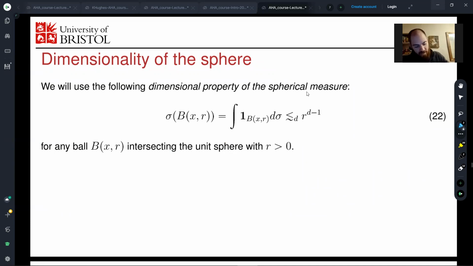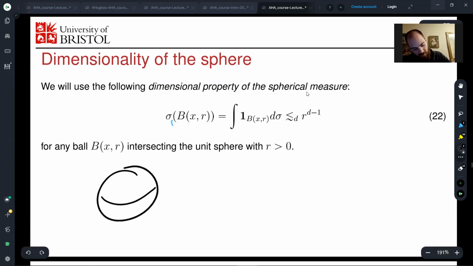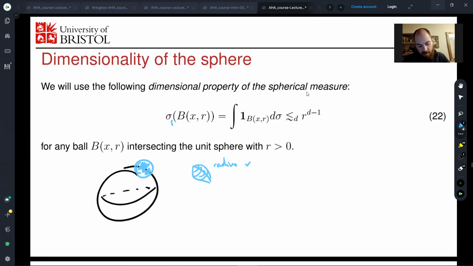Okay. So the way you see that is that this is the unit sphere, of course. I take my unit sphere, and now if I take some ball with a small radius, that ends up giving me a small cap of radius r. And that cap has a d-1 volume about r to the d-1 up to some dimensional constants.